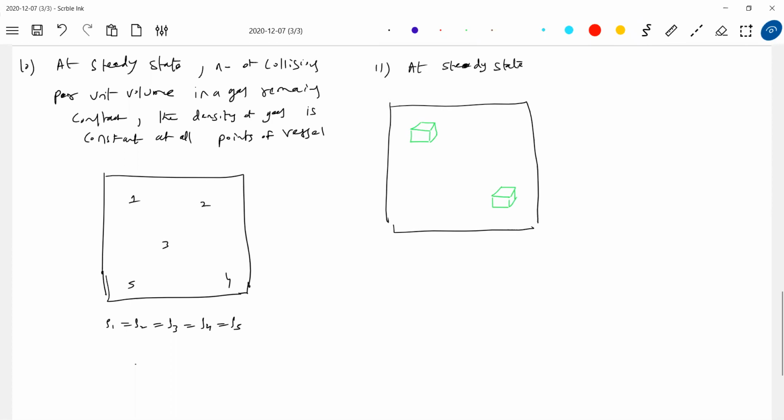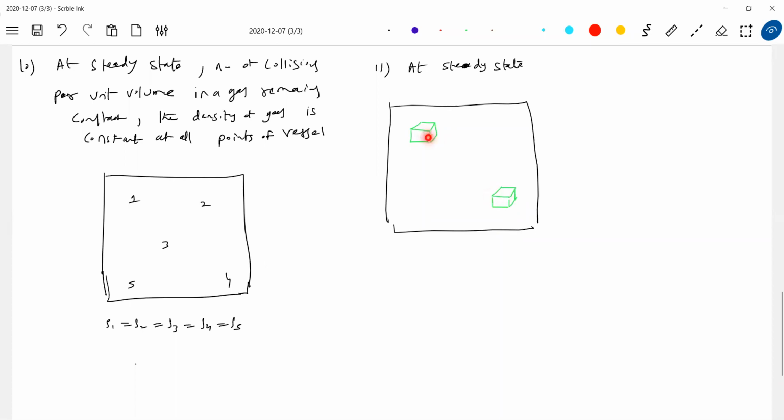Now, I'll take some elemental volume. There are 10 molecules there. So what is the speed of the 10 molecules? The same happens here also: there will be 10 molecules and they will have the same speed.